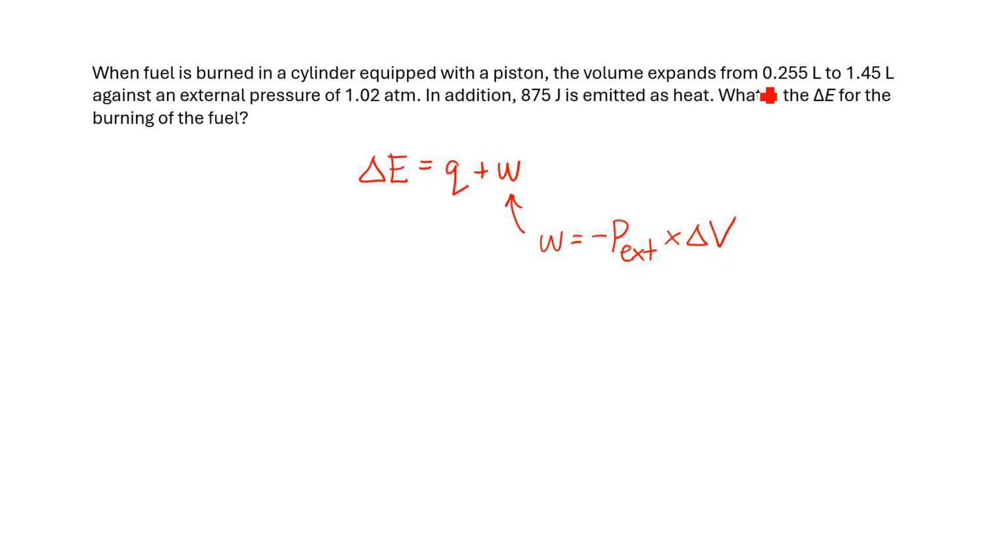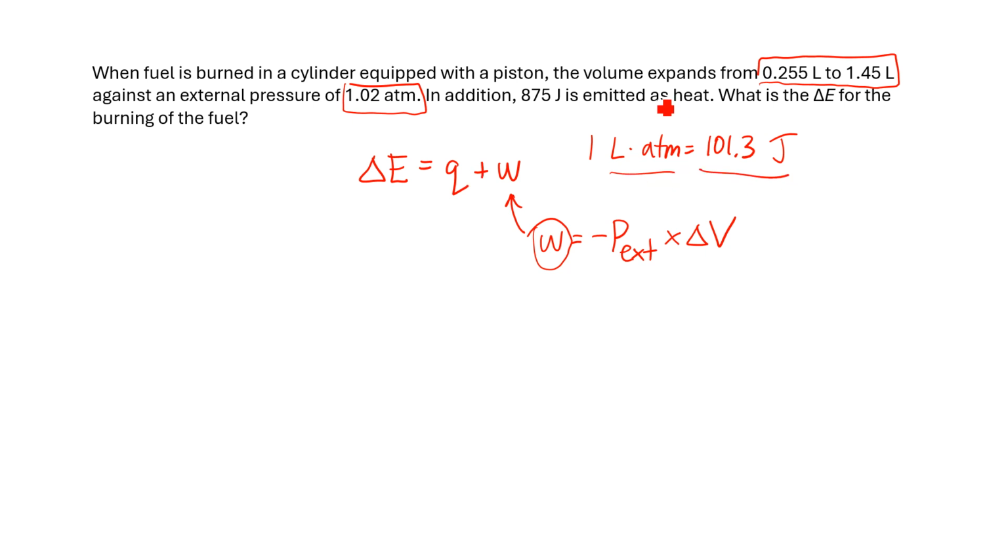They told you the change in volume right over here. They told you the pressure. So you can calculate for work. And you guys know that for every 1 liter times ATM, there's 101.3 joules. So you're going to get your answer in liter ATM, convert it to joules.